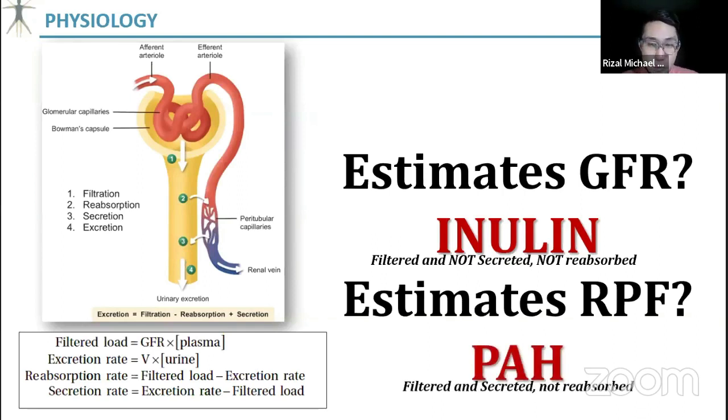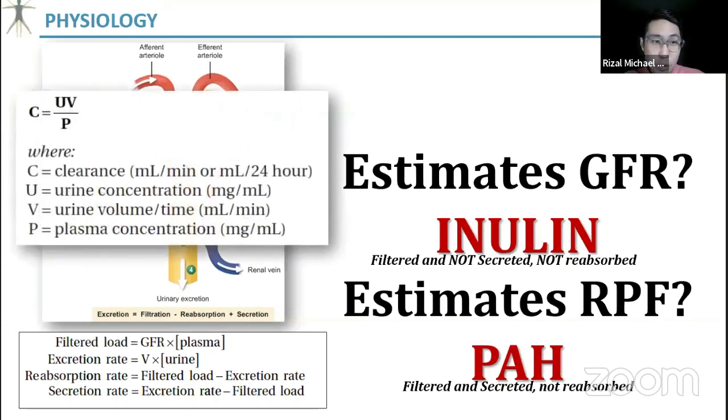Your renal plasma flow naman is estimated by your PAH, your para-aminohippuric acid. So this one is not reabsorbed, but filtered and secreted. So it's estimated by the para-aminohippuric acid ang ating RPF, renal plasma flow. So ito sinabi ko earlier during the start, in our boards, we were asked to compute the clearance of 2 substances, no? So they gave all the details naman.